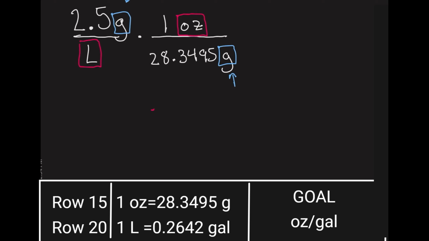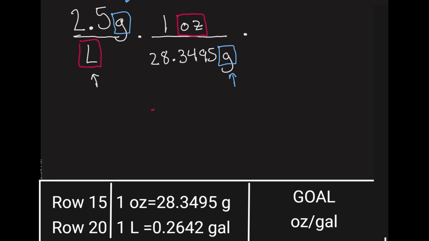And so again, I'm going to look at my conversion table and look for the conversion that has liters and gallons. And I can see it. I have 1 liter, and I'll tell you the row to look in, is equal to 0.2642 gallons. And this is located in row 20. Now I need to get rid of liters. Right now I have liters in my denominator.